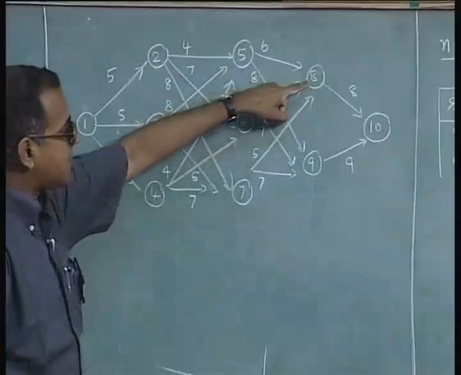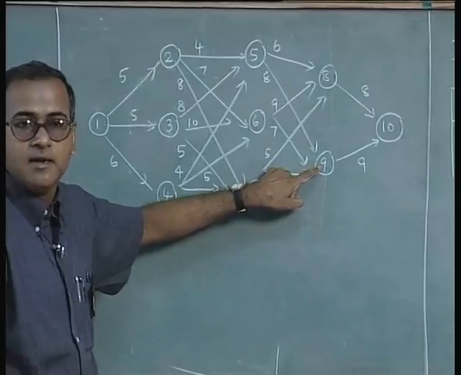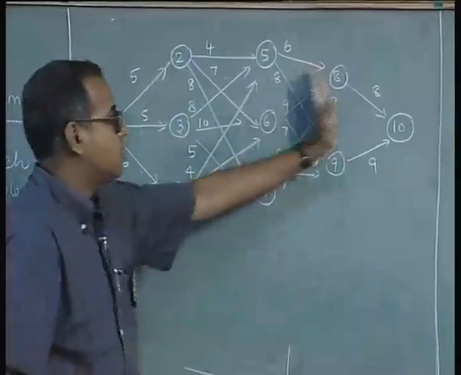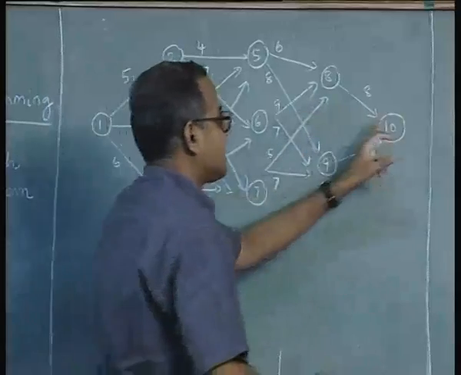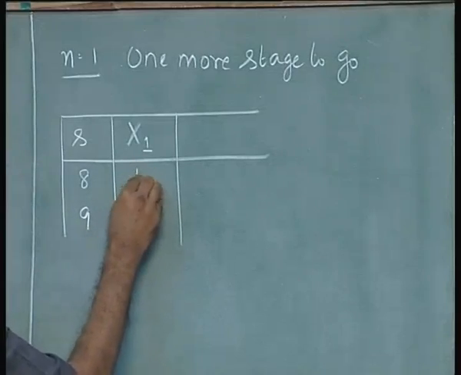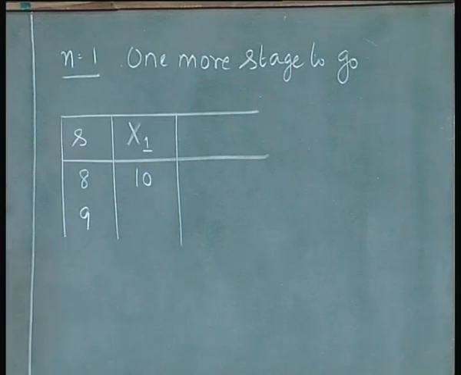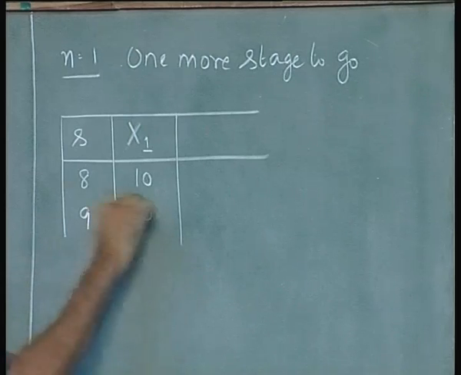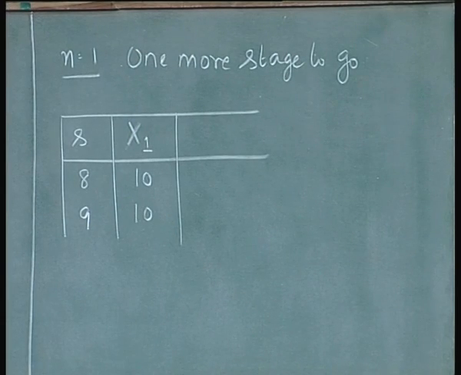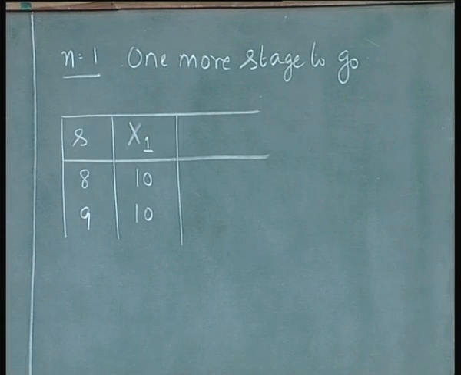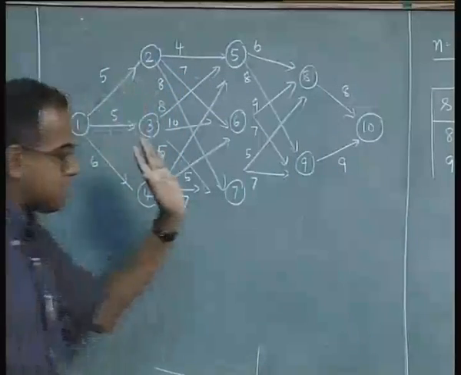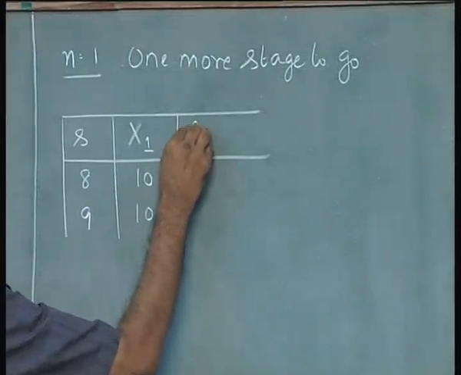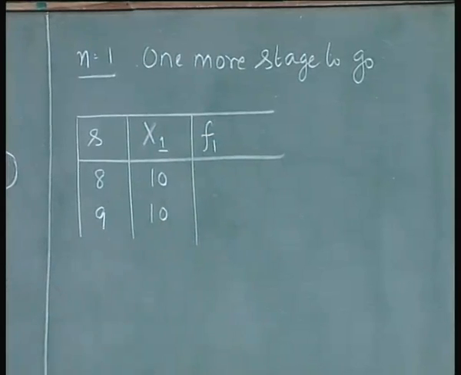Now whether the person is at 8 or at 9, the decision is very clear: to go to 10, because there is no other destination. So in this case the x1, the decision, is to go to 10, and here also the decision is to go to 10. The value of the objective, this is a distance minimization problem, so the distance that the person will cover is given by f1, the distance function.